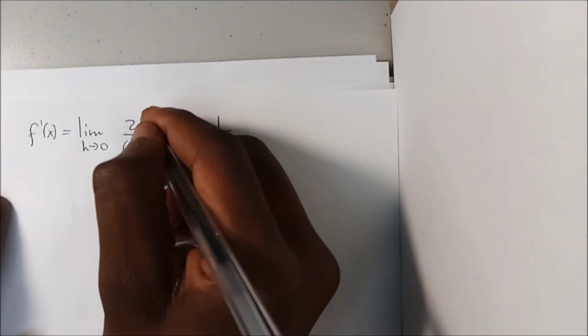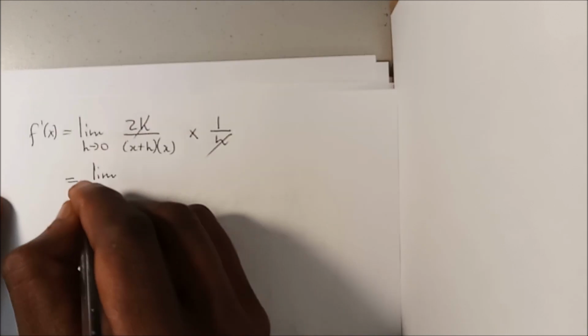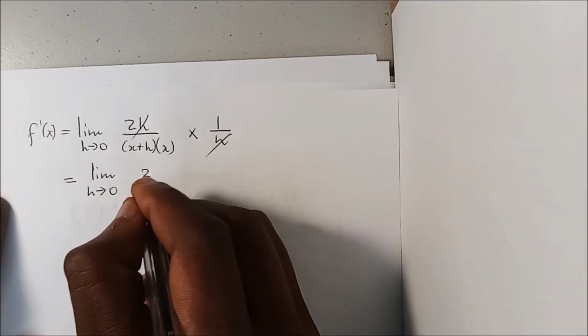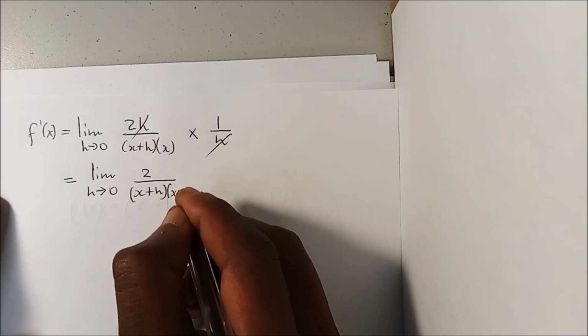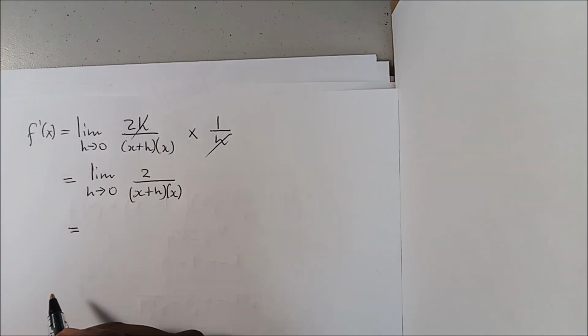It will cancel that one we got from step 2. So now what will be left? We'll be left with limit as h approaches 0, then 2 times 1, that's 2 over x plus h, and then x.